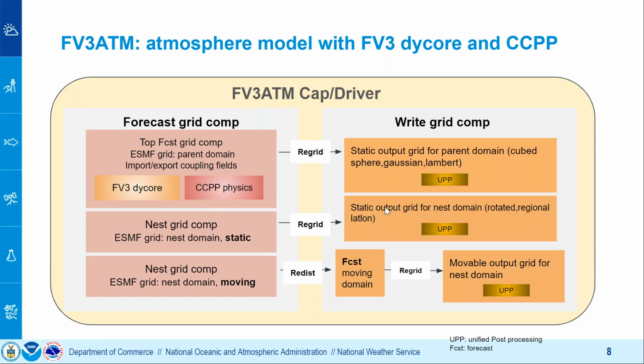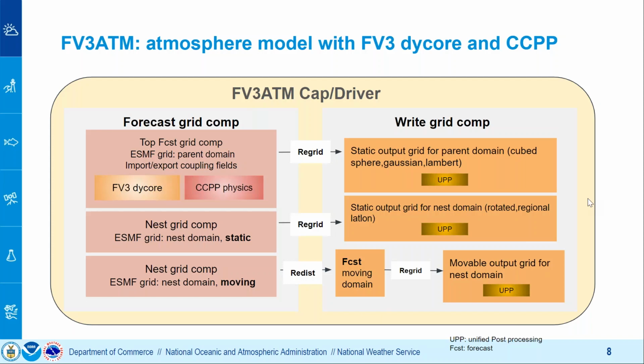As you see here on the left, the forecast grid component can run simultaneously with the write grid component on the right. And after that, we also developed the inline post, the UPP, on the write grid component. And the next step, when the hurricane application comes on, they have multiple domain forecasts.